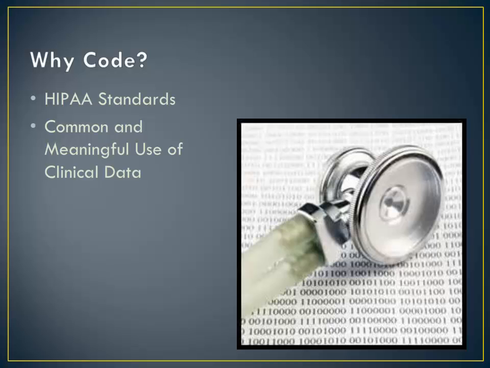This common language can actually be used across the spectrum of healthcare, across the continuum, and also for third-party payers and a multitude of other secondary users of the information that can aggregate the data and use it in a meaningful way for research, education, and for a variety of meaningful ways.